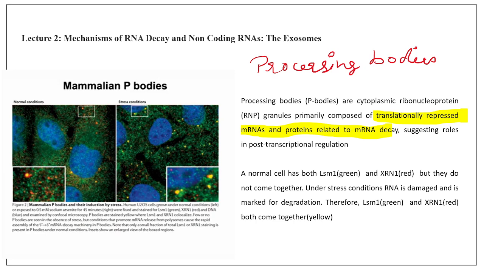What is XRN1? XRN1 is the exoribonuclease that works in the direction of 5 prime to 3 prime.